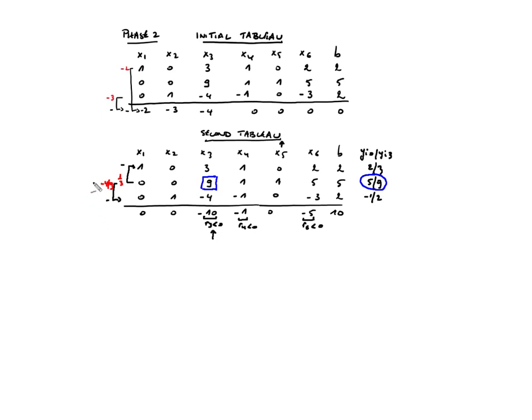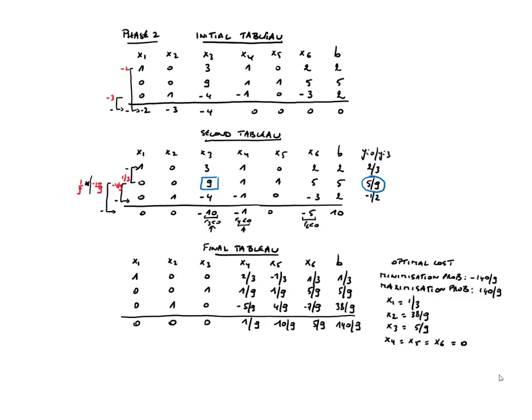And here we'll have yet another elementary operation with a multiplier that is -10/9. And of course we'll have to multiply this second row by the inverse of the pivot, so 1/9. Well, we now obtain the third and final tableau because we can see that all the R elements are positive.